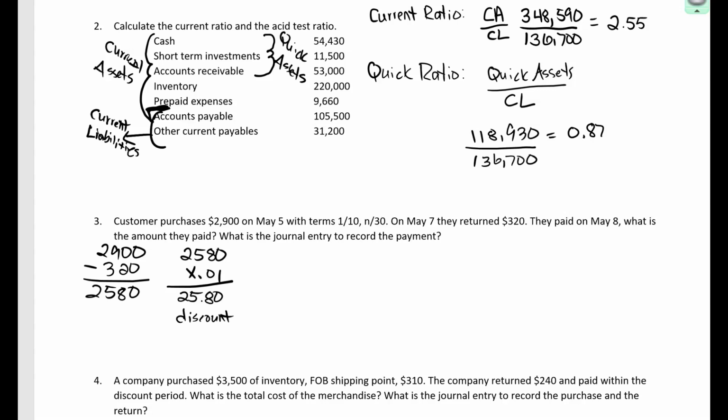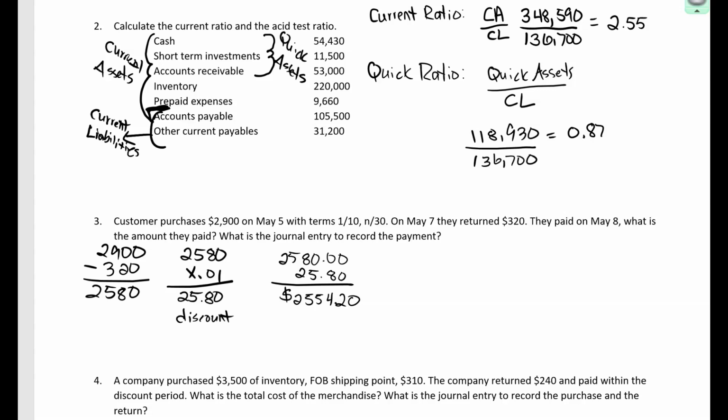To find out the amount that we actually pay, take the amount of the invoice minus the return, and then subtract the amount of the discount we just calculated. They're going to write a check for $2,554.20.